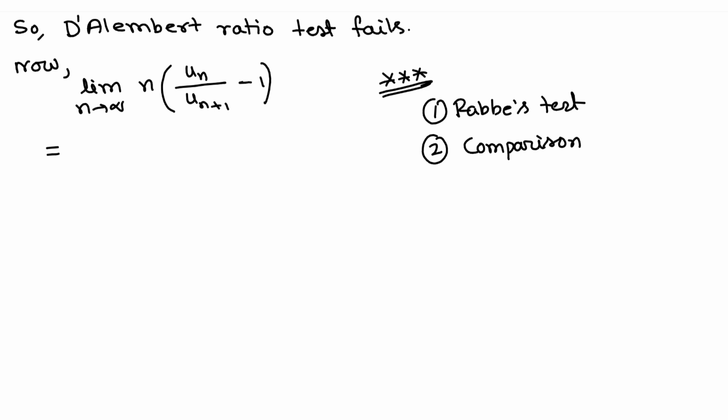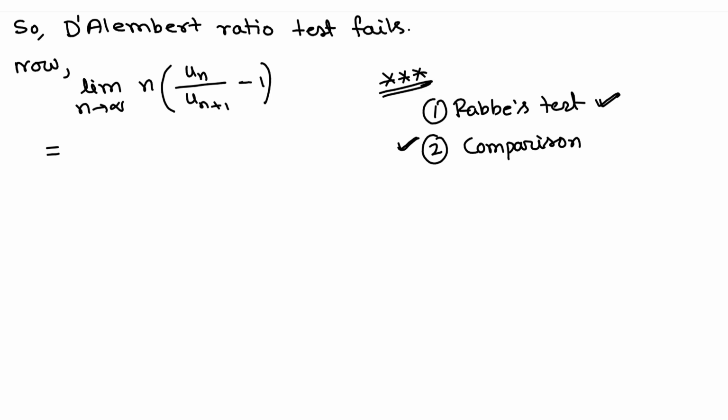But when do we use comparison and when Raabe's test? If you know what un is, and if there is any degree difference between numerator and denominator, then use comparison test. And if there is no degree difference, then use Raabe's test.